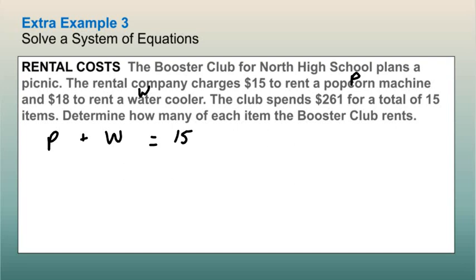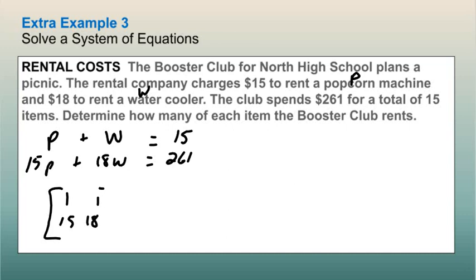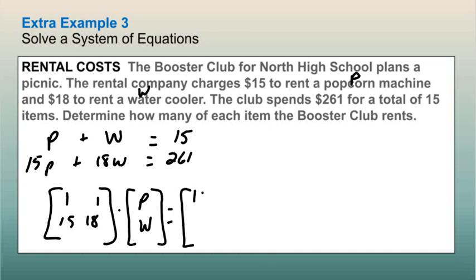And then we have 15P plus 18W equals a total of 261. So our matrices would be 1, 1, 15, 18, times P, W, this has to equal 15 and 261.